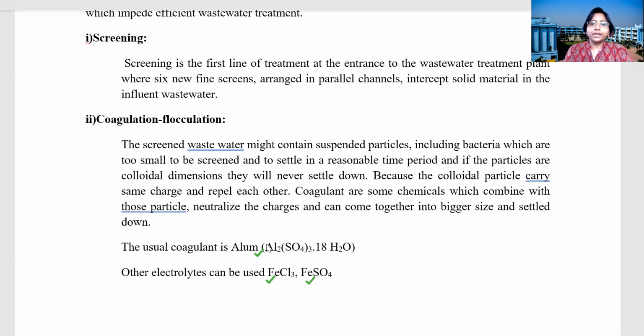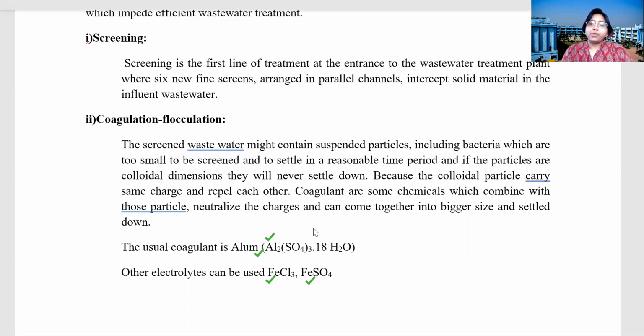For aluminium we get a charge of +3, that is positively charged. For ferric chloride, iron is also +3, but for ferrous it is +2.